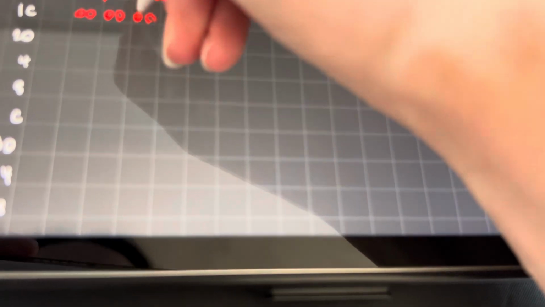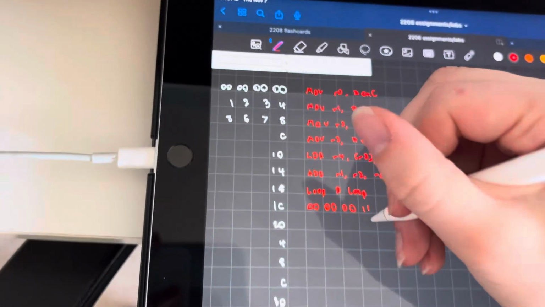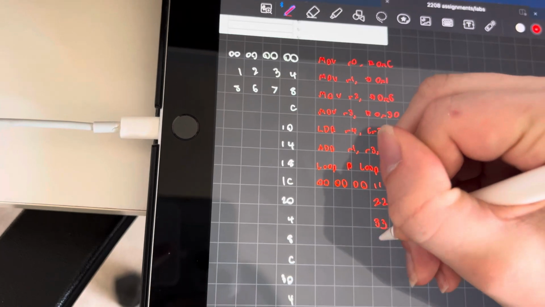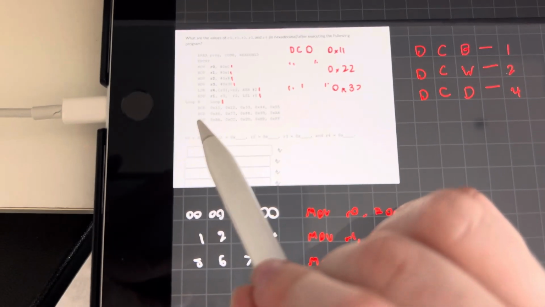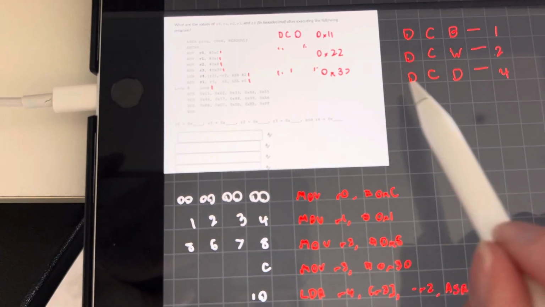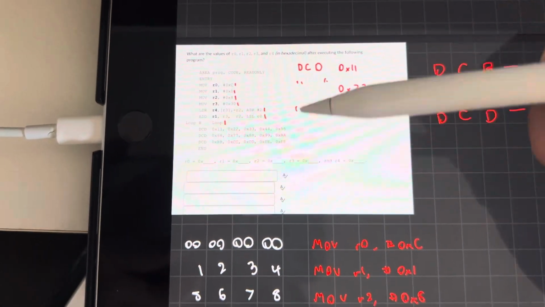In hex, 11 is just a bunch of zeros and 11. And the next one's 22, 33, 44, and I think it went to 55. Yeah. And then we have the exact same thing. These could all literally be written in 1 line, but they have it separated into each line.